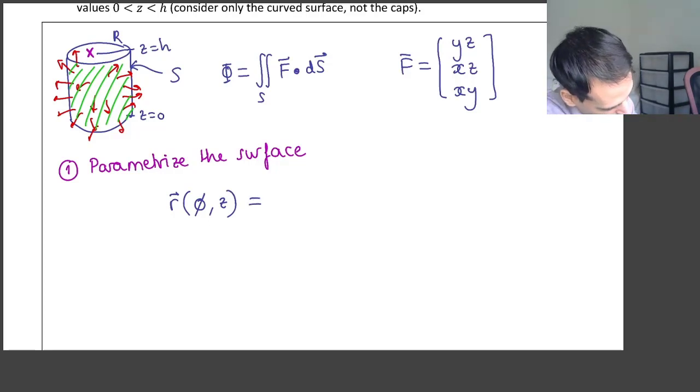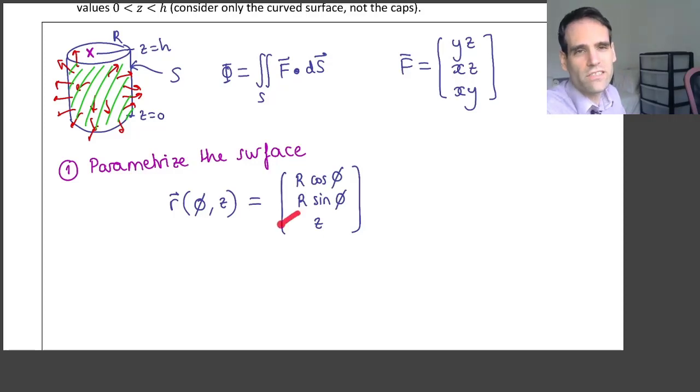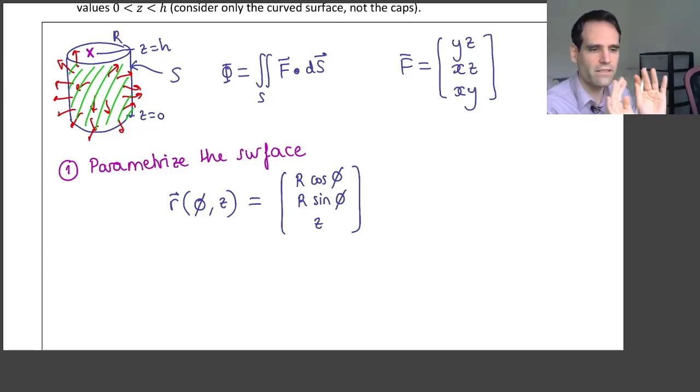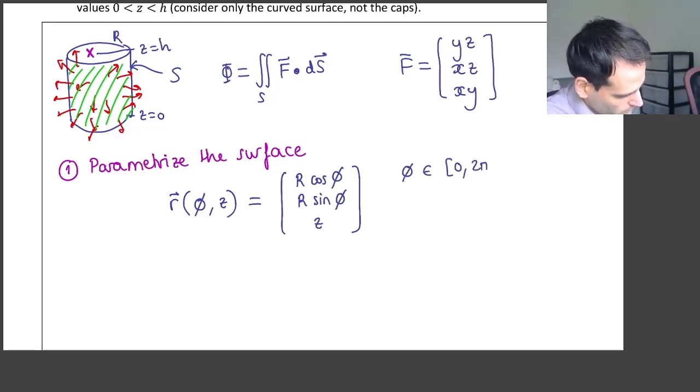So our surface is r cosine phi, r sine phi, and z. Basically I used cylindrical coordinates and I fixed rho equals r, so that we have a fixed cylinder. The limits of our parameters are phi goes from 0 to 2 pi and z goes from 0 to h.